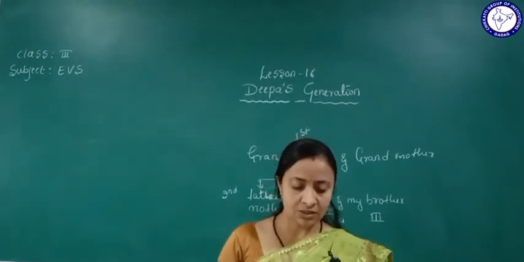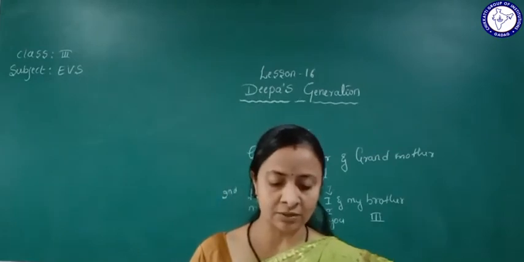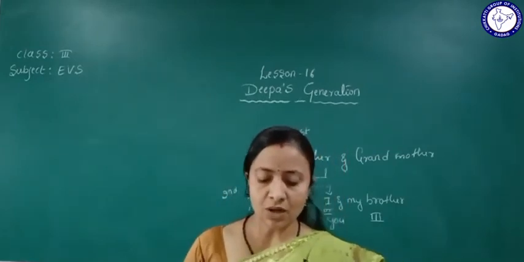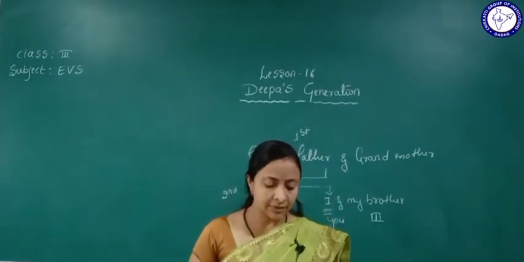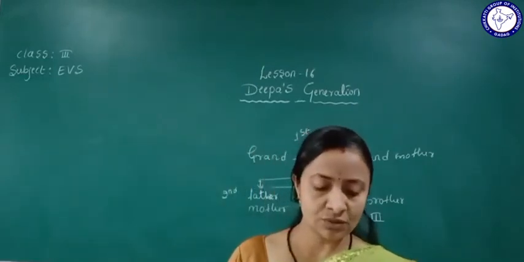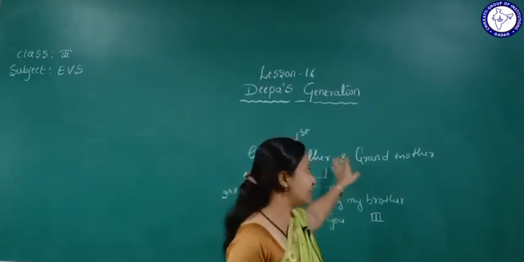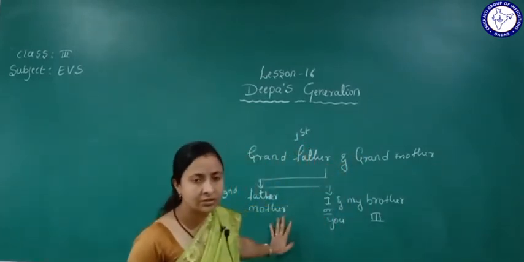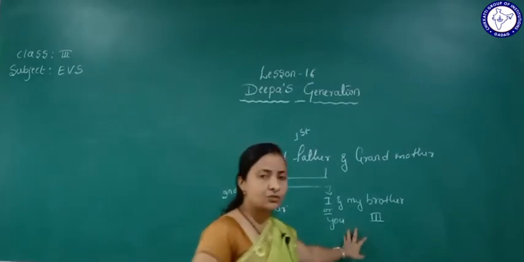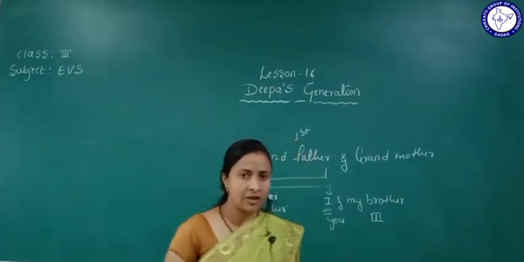You and Raju are the two children of your father. So your grandmother, your father, mother, you and Raju belong to three generations. Grandfather is one generation, father and mother another generation, and you with your brothers and sisters are one generation.